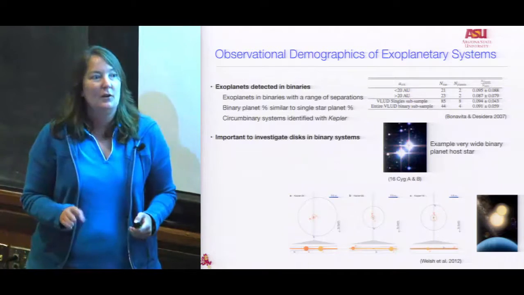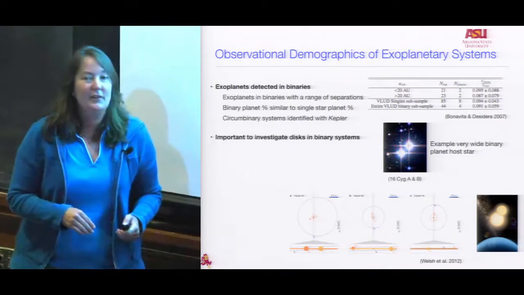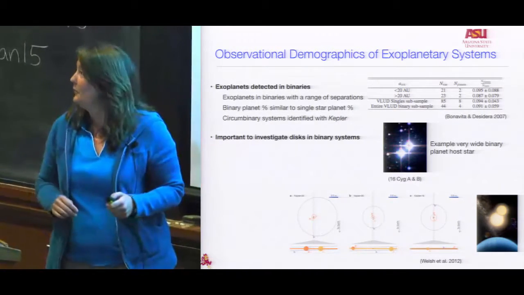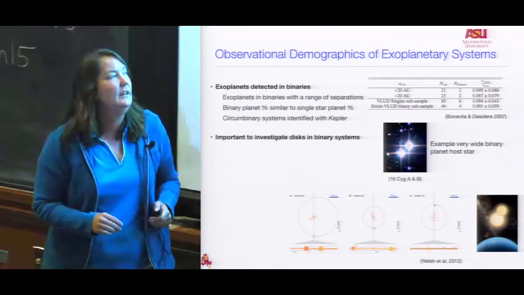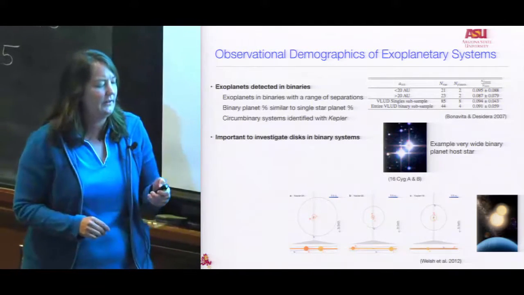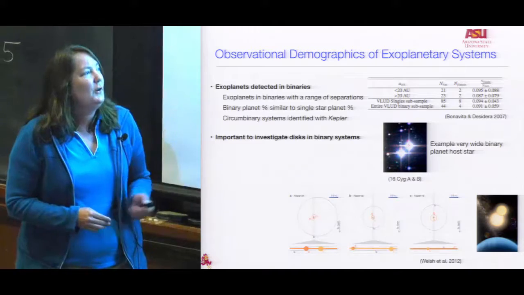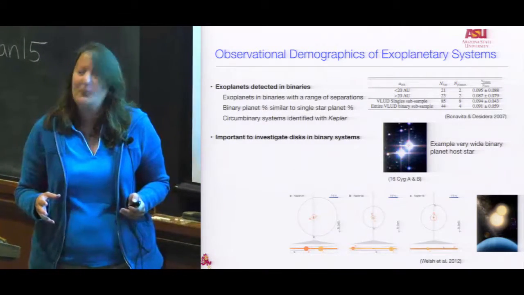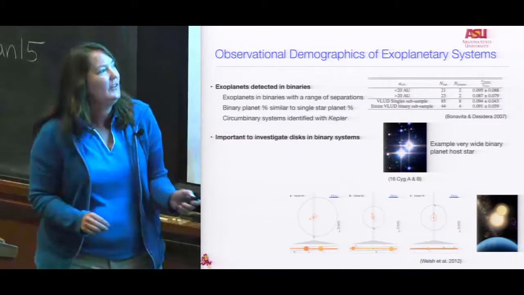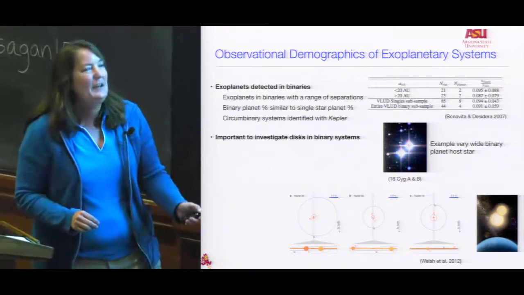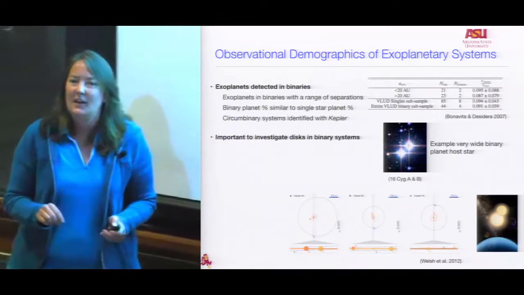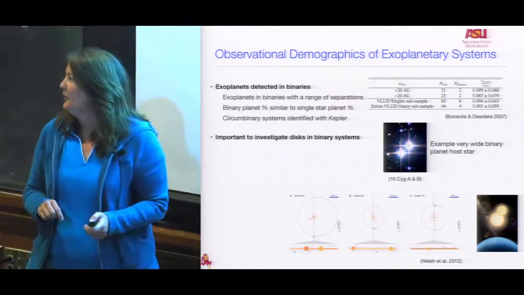So in this case, one star hosts a planetary system and one doesn't. Both have been searched with radial velocity, and I'm sure by a number of other techniques as well. So that's one example where there's a planet around one of the stars, and then also these really intriguing Kepler discoveries where there are planets orbiting around the binary pair.